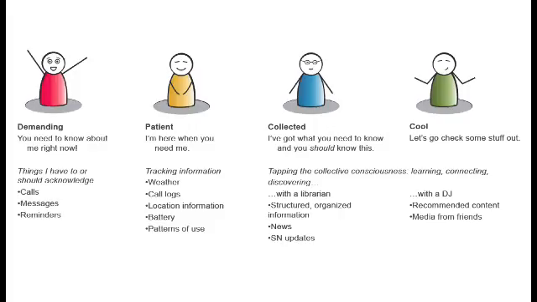Other types of models look at different content types. So you can look at different types of content you could provide in your system, different types of users that interact with those different types of content, as shown here, right? There's things that you need to interact with right away on your phone. If you have an incoming phone call, that's a piece of content you need to interact with immediately because it will go away after just a few seconds.